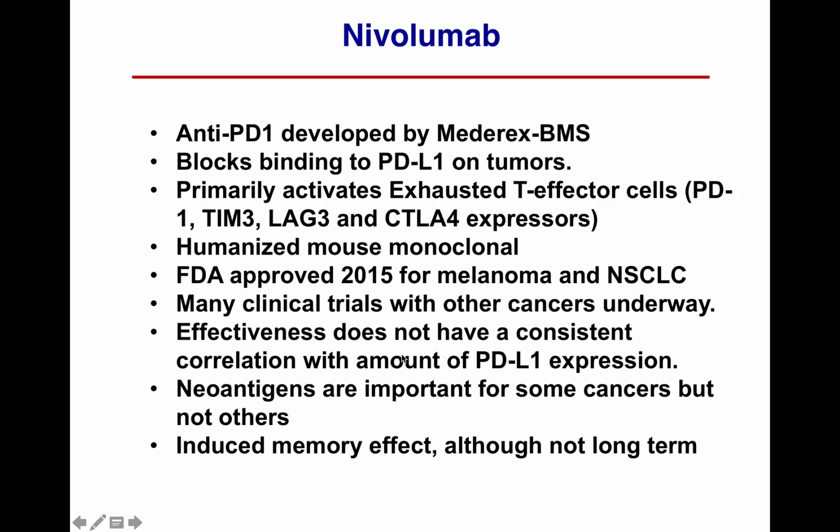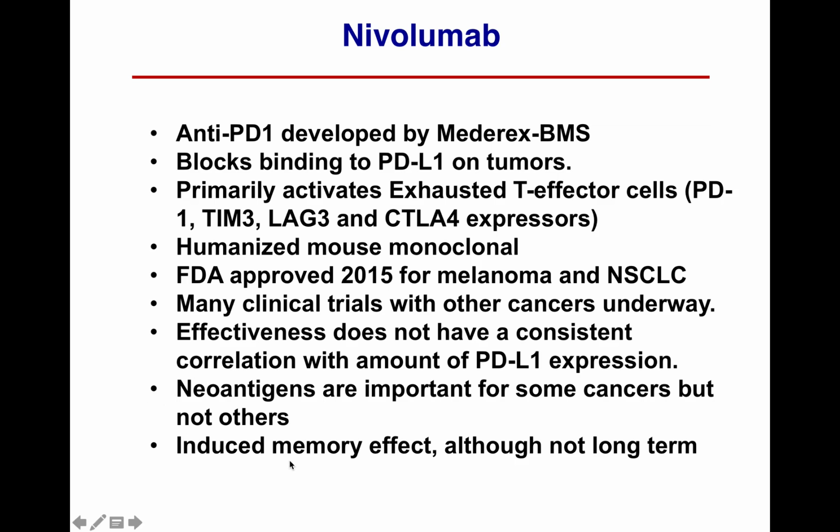Effectiveness does not have a consistent correlation with the amount of PD-L1 expression on the tumor cells, which is interesting. And neoantigens are important for some cancers, but not others. So it's turned out that there's not a complete correlation with the ability to express on the MHC1 the mutated peptides from the mutated proteins.